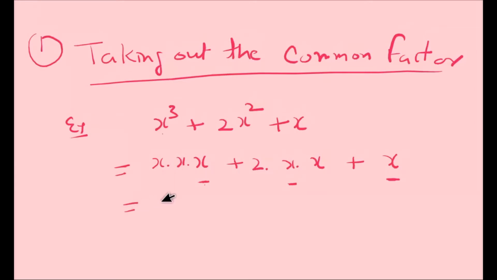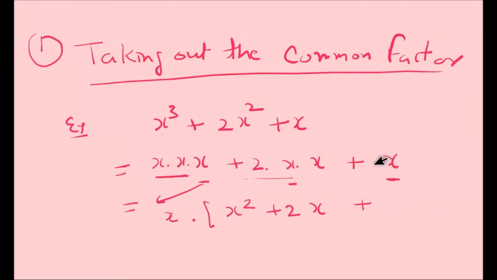So we can take this x common, and we use a bracket. What is left here is x square, what is left here is plus 2 and x, and here what is left?